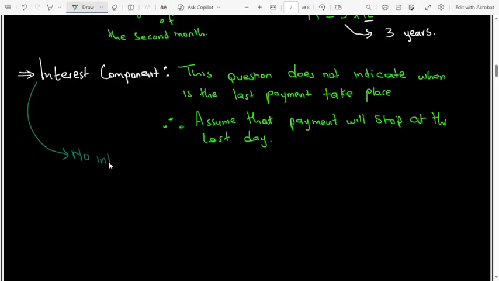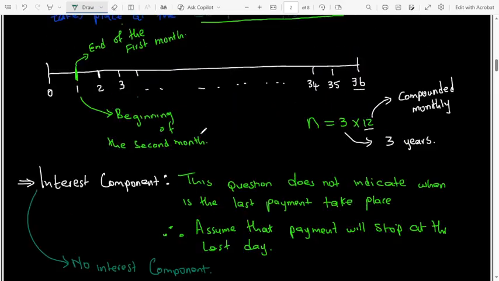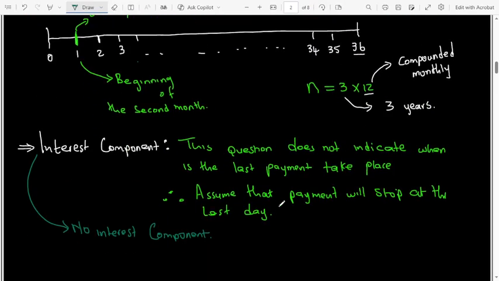So we conclude that in this question there is no interest component. I know you're asking yourself, what is this interest component? You'll see when we do an example that needs you to include the interest component. For this question, if it does not indicate when the last payment takes place, assume that the payment will stop at the last day, so there is no interest component.